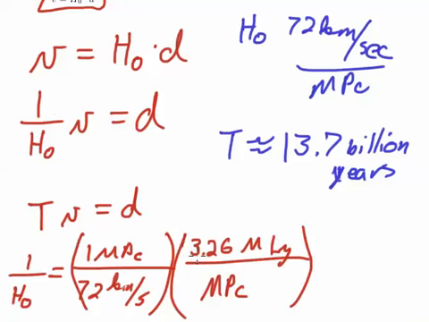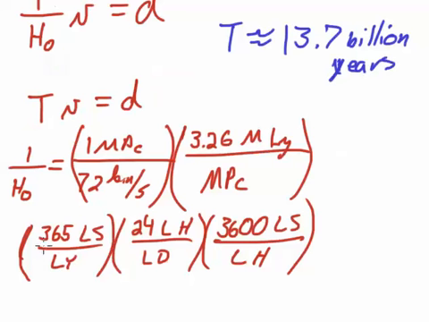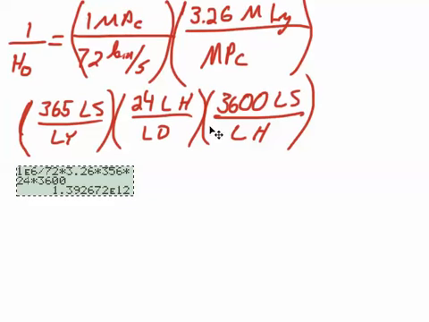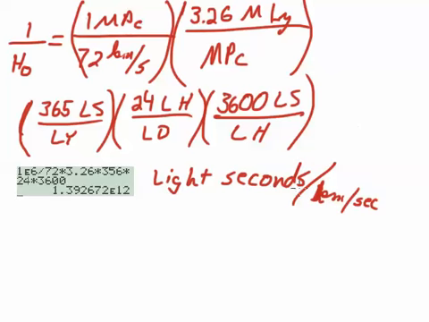I'm going to multiply that by 3.26 million light years per megaparsec. Multiply that by 365 light days per light year, 24 light hours per light day, 3,600 light seconds per light hour. And I come up with 1.39 times 10 to the 12th light seconds per kilometer per second.